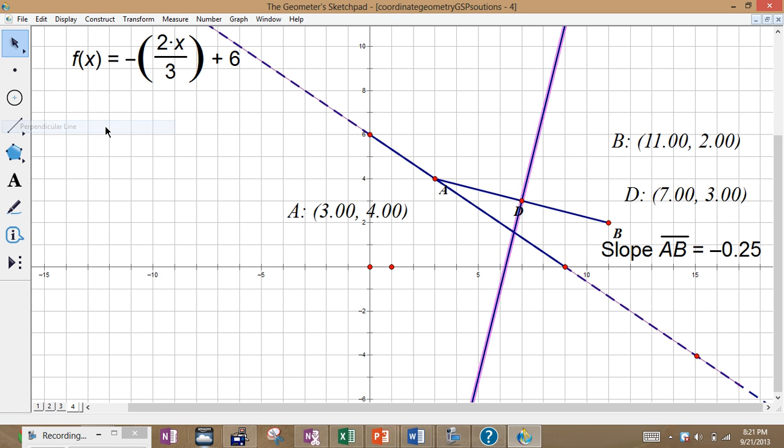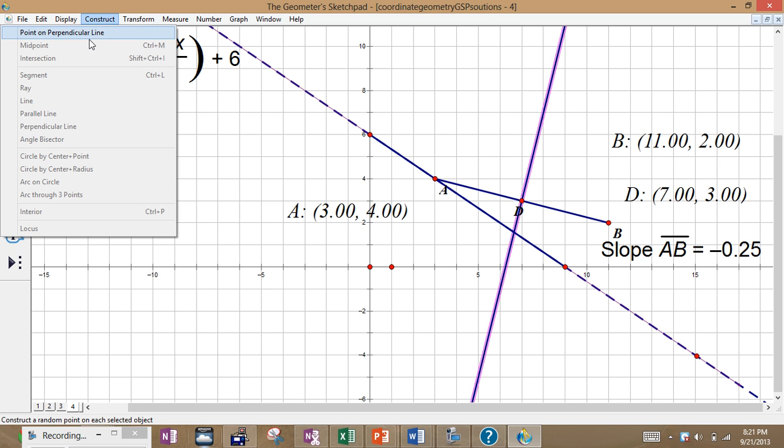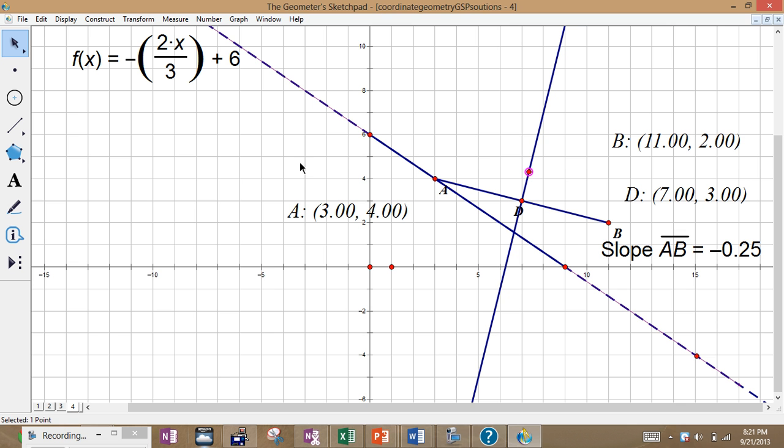draw that right there. Okay, and now what I know then is that somewhere on that perpendicular bisector, there's a point which is going to be the center of the circle.